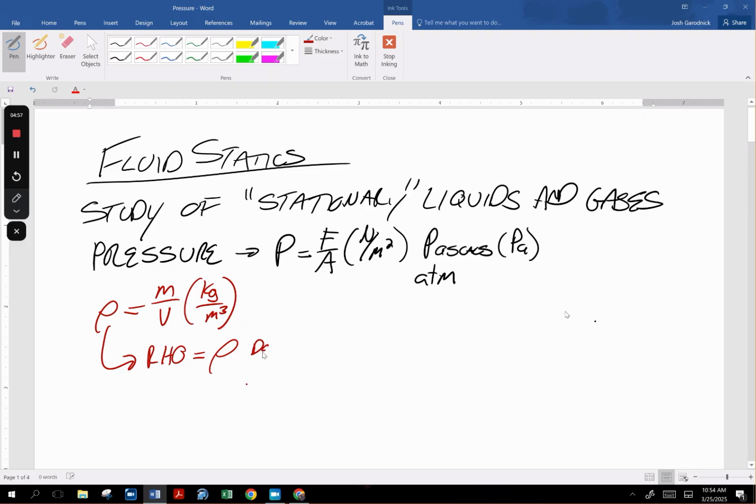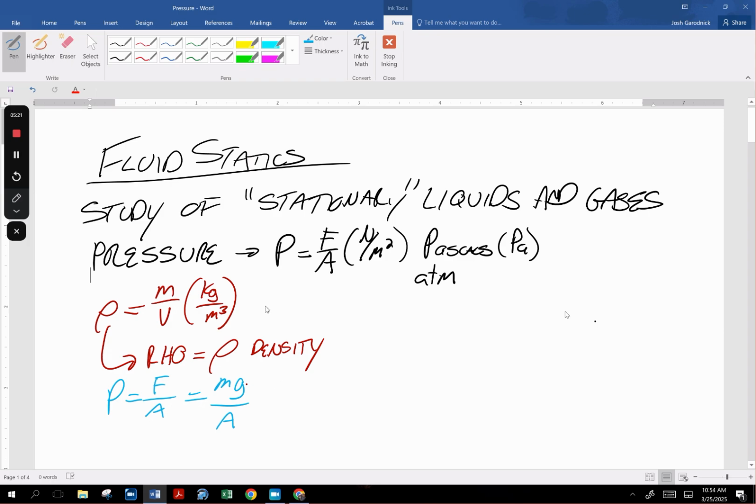It's the measurement of density. Let's put this all together. Pressure is force over area. And remember, that force is the weight of all the fluid above you. Literally, the weight, as in mg over the area.